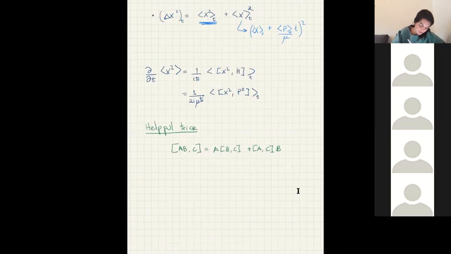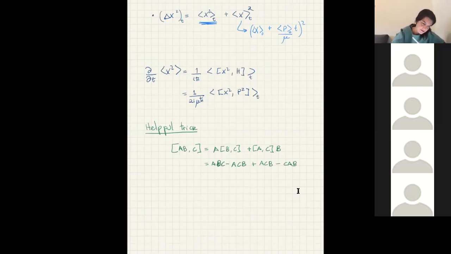And to see that this is true, we just expand the second part, and it's A, and then BC minus, or let's even do it like this. So this is ABC minus ACB plus, and on the other hand, we have ACB minus CAB, right?